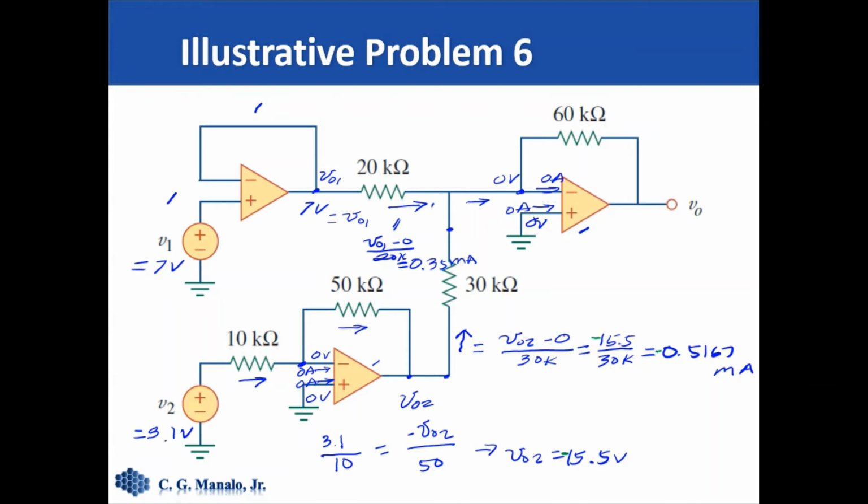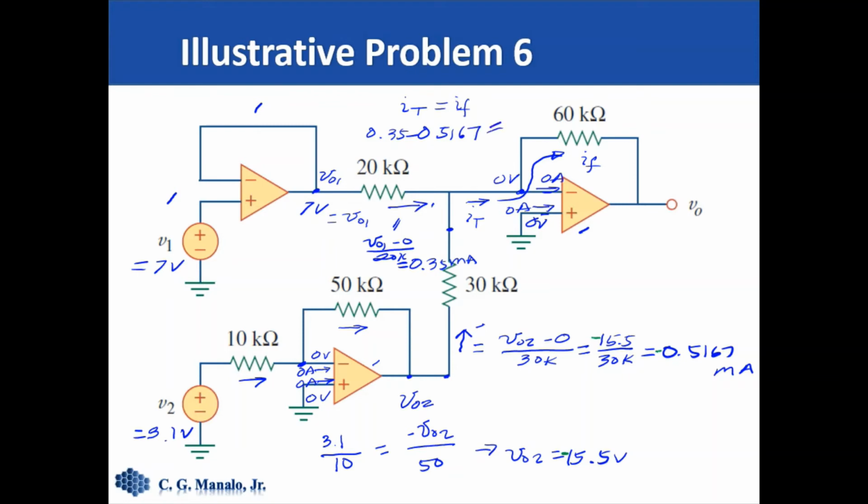Since the current here is 0 and this current will go directly there, if I let this be I sub f, for example, and this I sub t, that means I sub t must equal I sub f. I sub t is equal to 0.35 plus this current, which is negative, 0.5167.